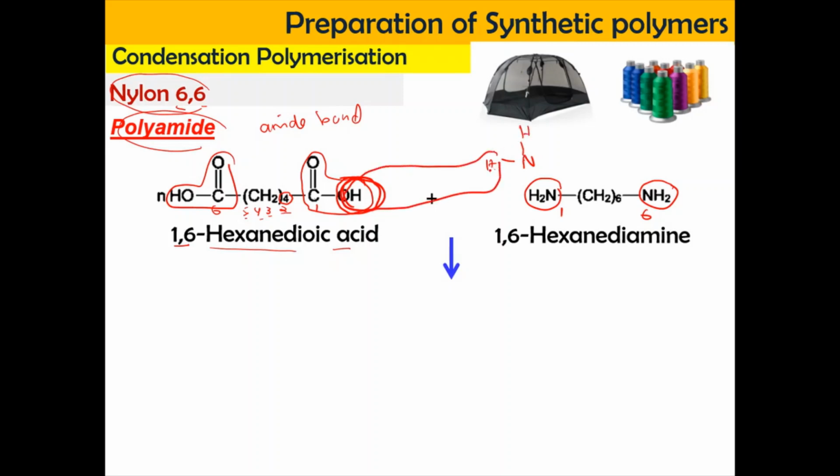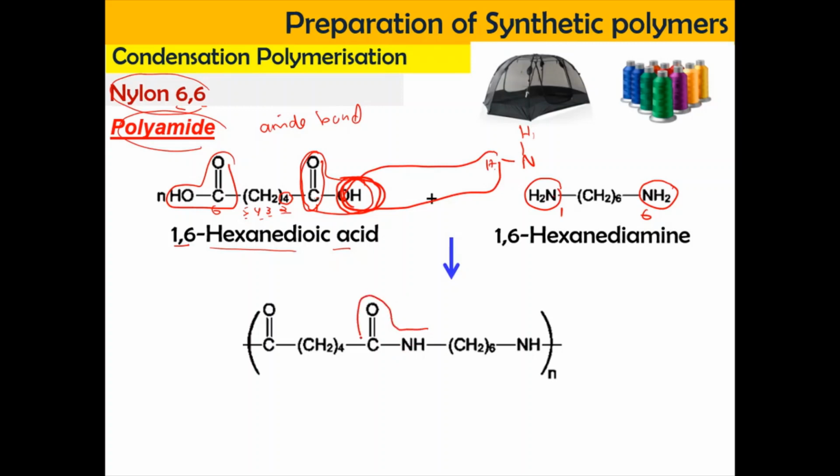So the H and OH are removed as the byproduct of water. And what is formed here is the C double bond O connected with the NH here. Okay, and here it produces an amide. And the two monomers are connected together via an amide bond.